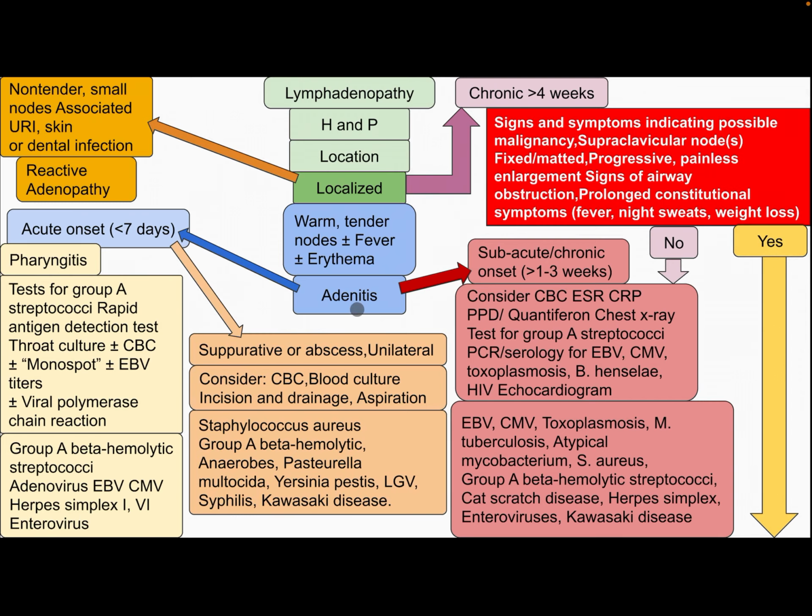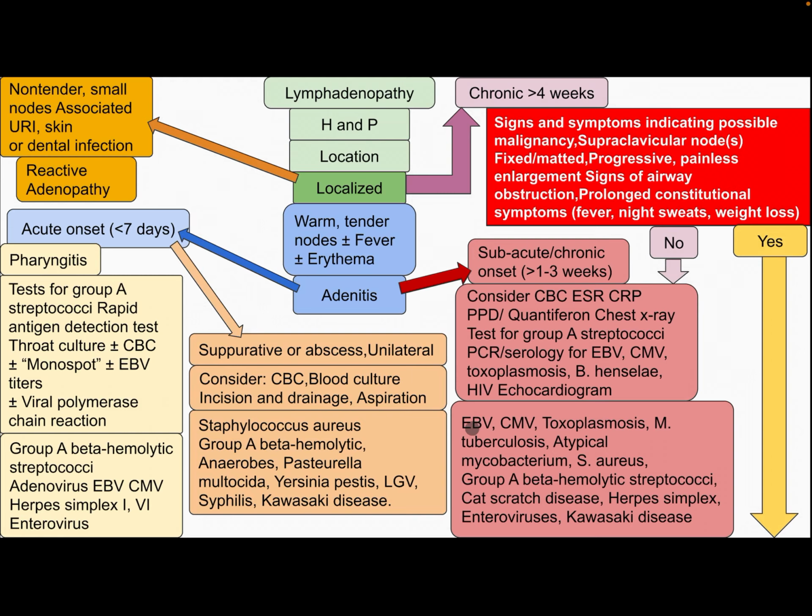If it is adenitis but lasts more than 1 week, 1 to 3 weeks, this is subacute or chronic onset. The patient needs complete blood count, ESR, C-reactive protein, PPD test, chest X-ray, test for group A streptococci, PCR, serology for Epstein-Barr virus, cytomegalovirus, toxoplasmosis, Bartonella henselae, HIV, echocardiography.